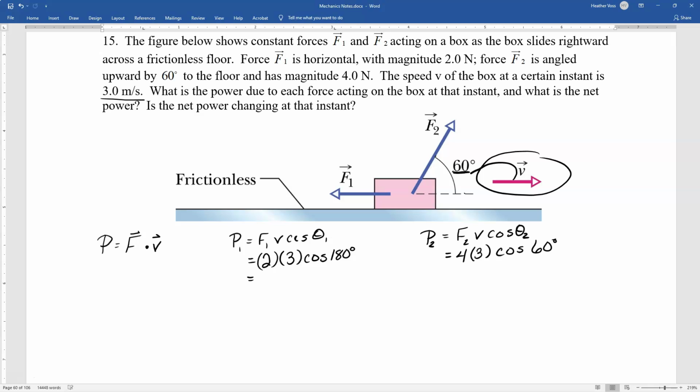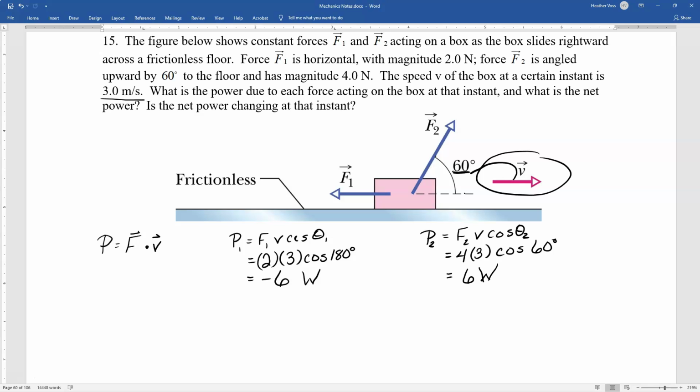So here, cosine of 180 is -1, so that's going to give me -6. And this is watts, or joules per second. Cosine of 60 is 1/2, so this is going to end up with a positive 6 watts.